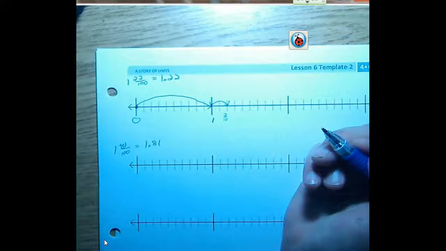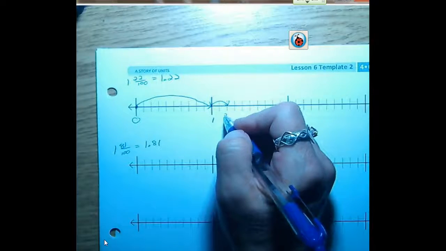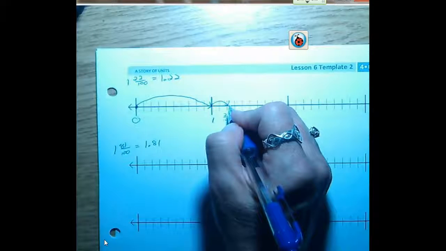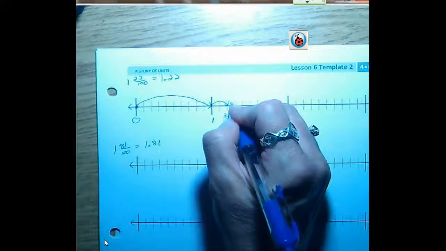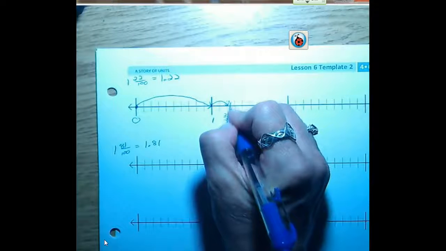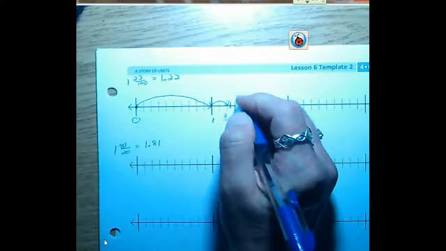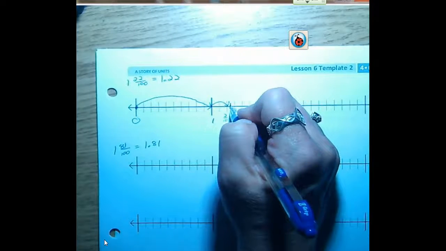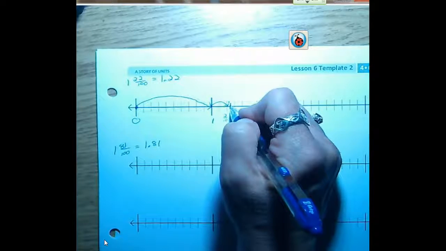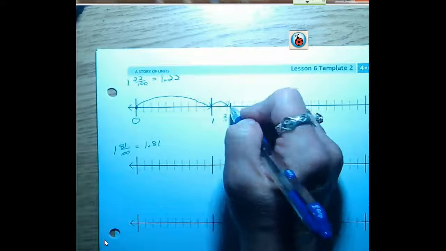Now how do I make 2 hundredths? Well, I'm going to estimate the fact that if I drew a line in the half, this would be 0.05, 1.05.